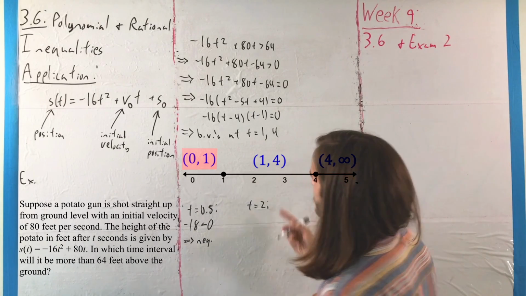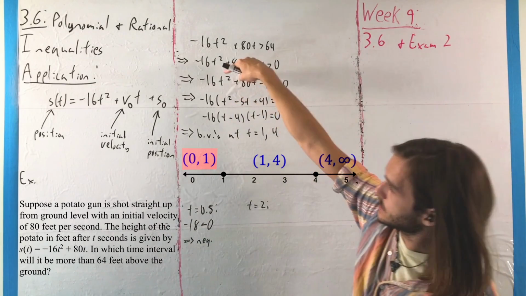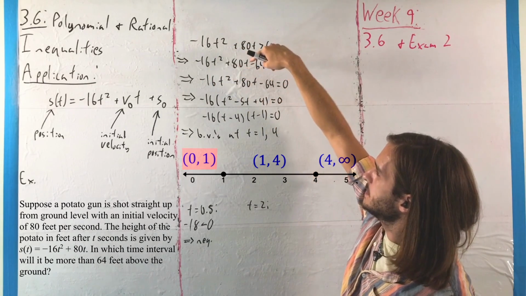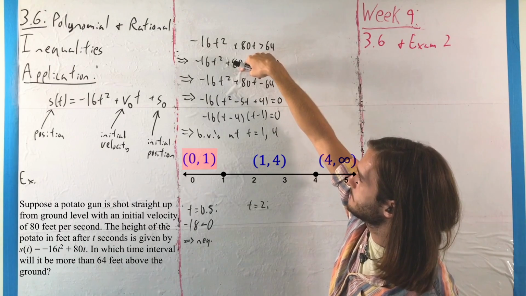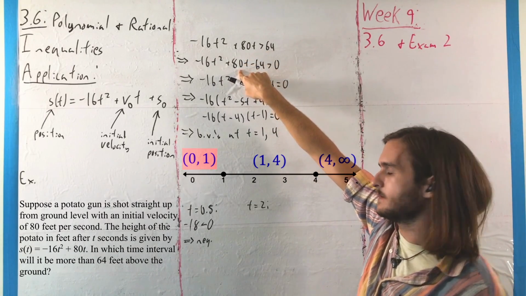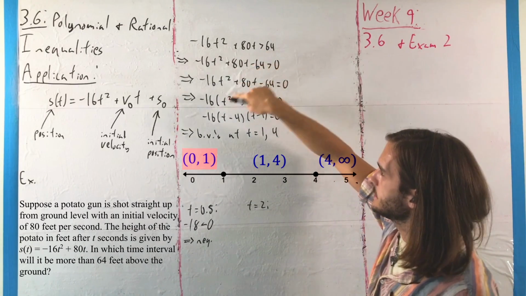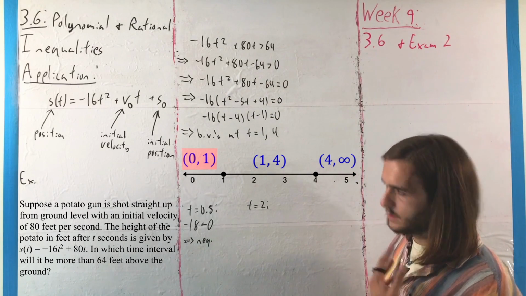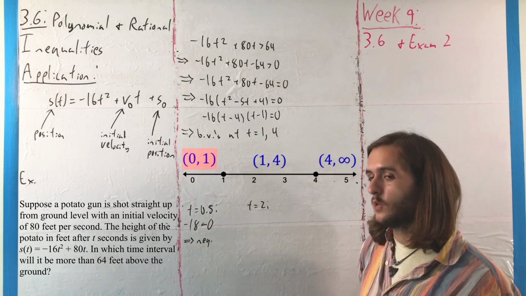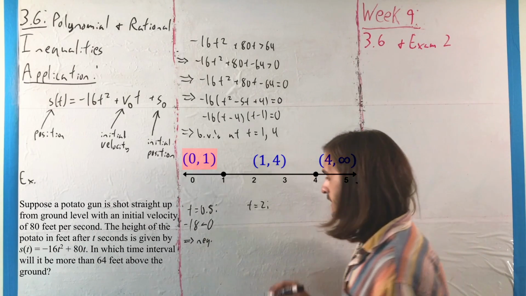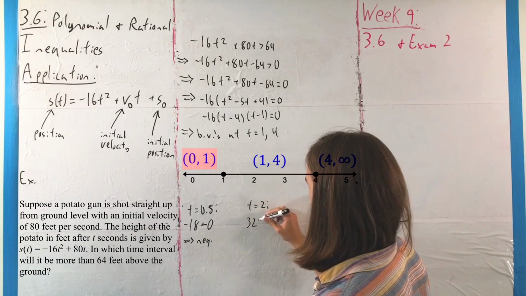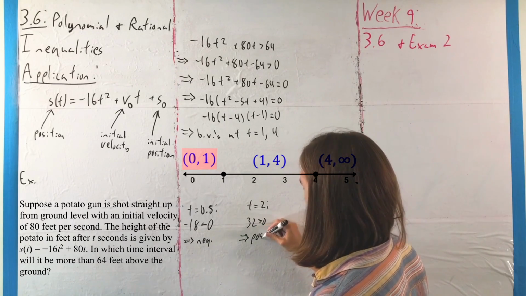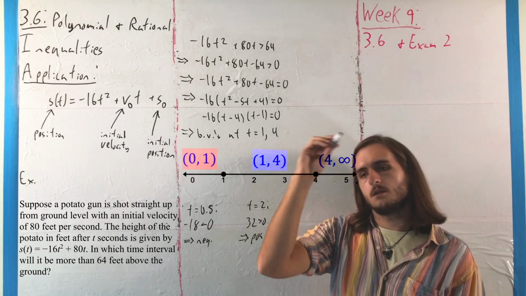For t equals 2, we would plug 2 into something like this, so we'd have negative 16 times 4, so you get negative 64, plus 2 times 80, which would end up giving you 160, minus 64, so it's really going to be 160 minus 128, which ends up being 32, which is bigger than 0, or very importantly, positive. So this is where it is in that place.